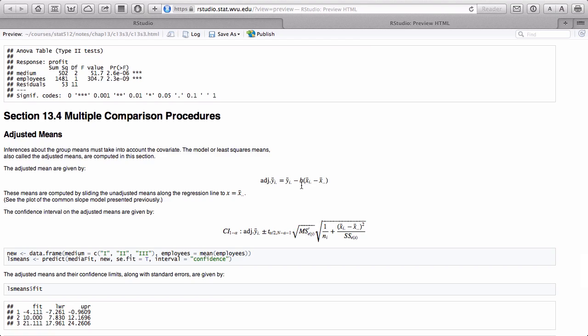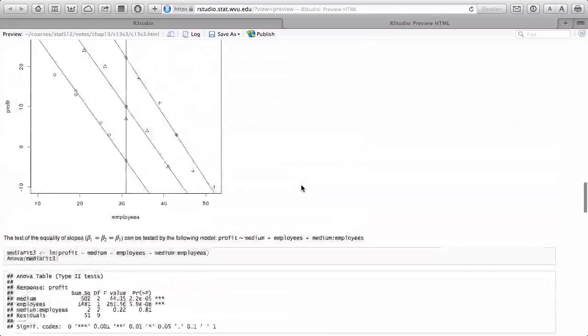If you're looking at a triangle, we can use the Pythagorean theorem to figure this out. What we're doing with that formula is sliding this mean down along the regression line. You think of it as a right triangle from here to here to here. And the slope is b, or in this case the slope is b sub i.